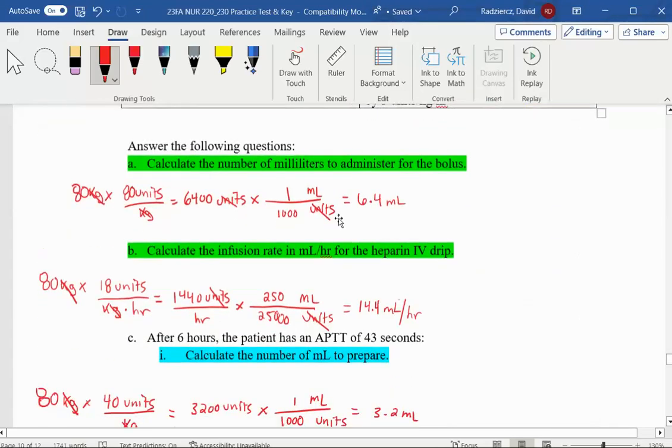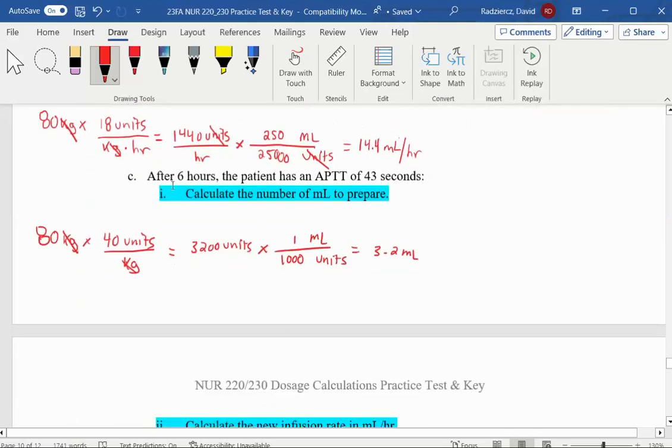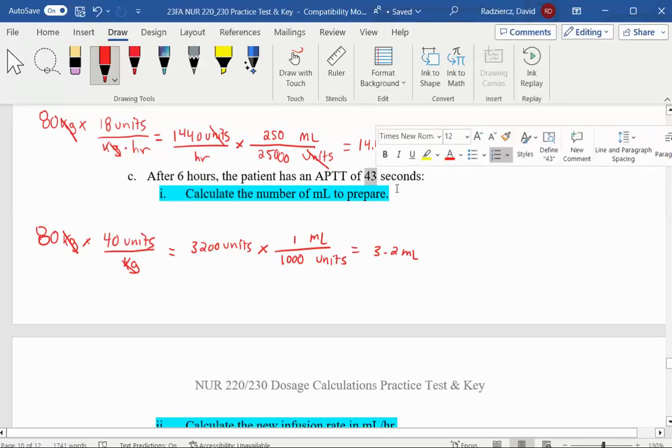Then you're going to get asked two questions: to calculate a bolus dose strength, and to calculate an infusion rate. Additionally, you might get asked a separate question, though usually there's only one of these. After a period of time, they retest the APTT and give you some number. Here it's 43 seconds.